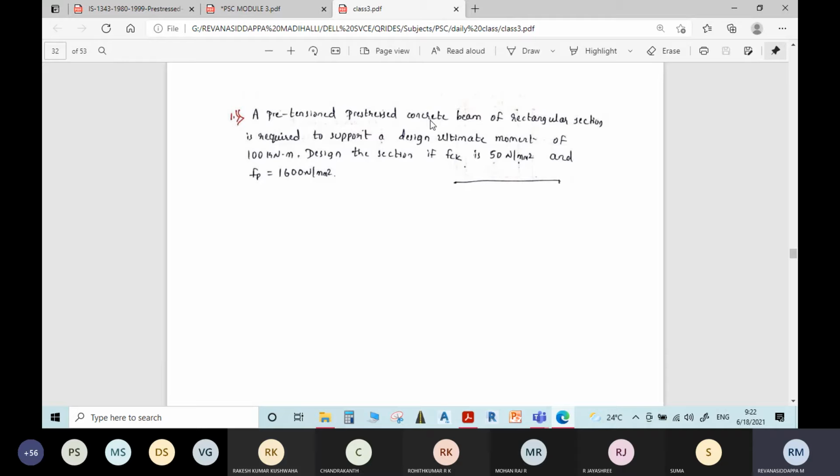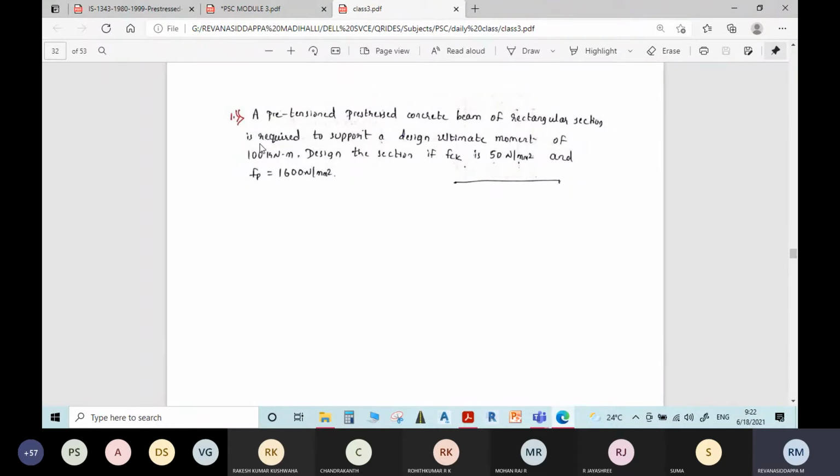A pre-tensioned, pre-stressed concrete beam of rectangular section. Okay, it is a pre-tensioned beam. Here also we are going to use the table. Pre-tension means table 11. A pre-tensioned, pre-stressed concrete beam of rectangular section is required to support a design ultimate moment of 100 kilonewton meter.